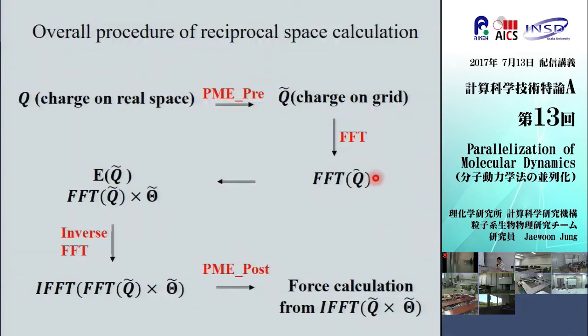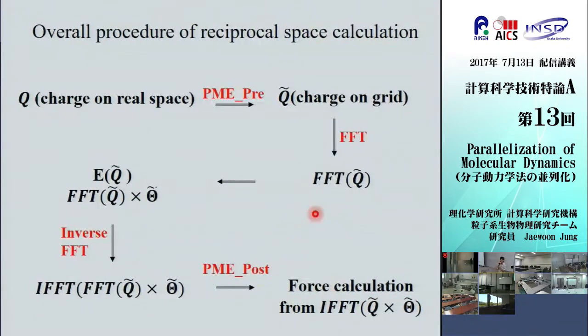And the transformed charge grid data is used to find the energy. And this data is again multiplied by another prefactor. And on this one, we perform inverse Fourier transformation. And after that, we find the force calculation.